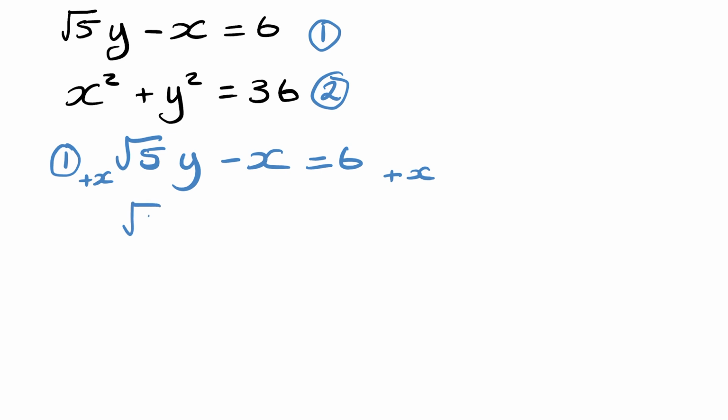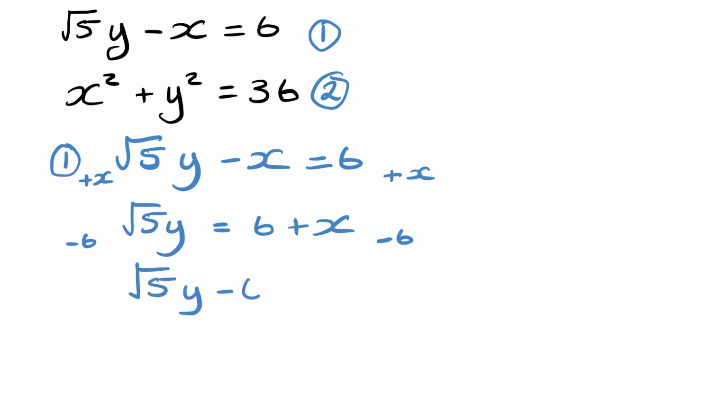That will give me root 5y equals 6 plus x, but I want the x on its own, so I need to move this 6 over there. Because it's a positive 6, we have to subtract 6, and I end up with root 5y minus 6 equals x. Perfect.